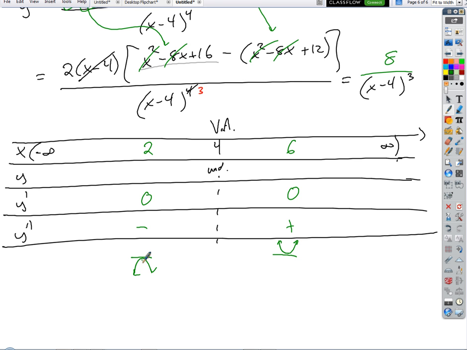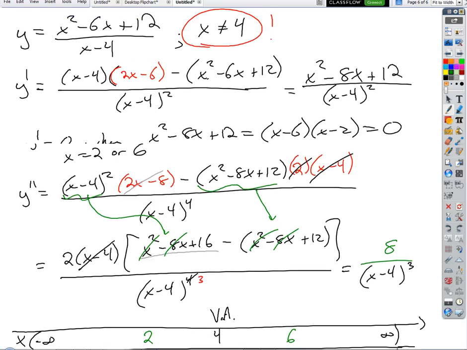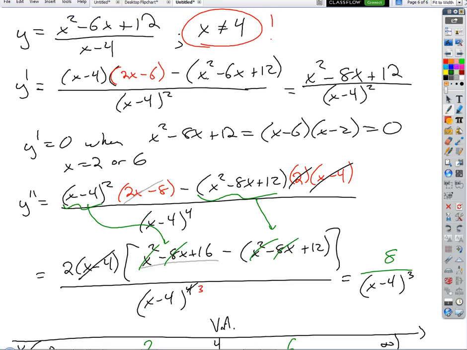Okay, what about end behavior? Okay, we can do that too. Let's take our end behavior. So we'll go right back up to our original function and let's do our limits at infinity. So the limit of y as x approaches plus or minus infinity equals what?